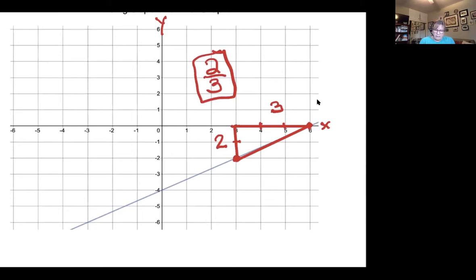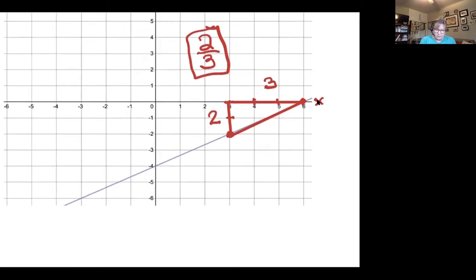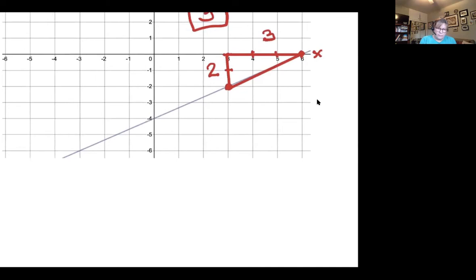And I got a positive 2/3 because I went up and to the right. But remember, we talked about slope before. As we read the line like we read text in a book, from left to right, this line goes uphill, and therefore it's a positive slope.